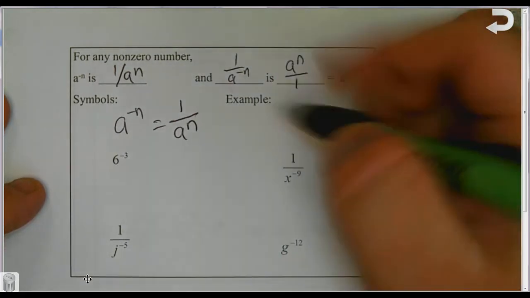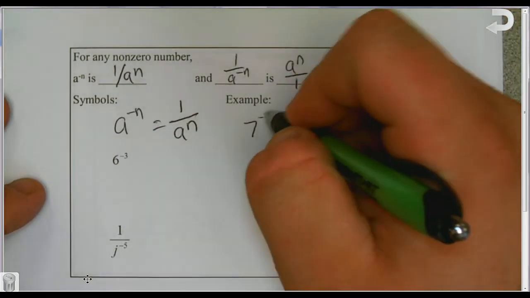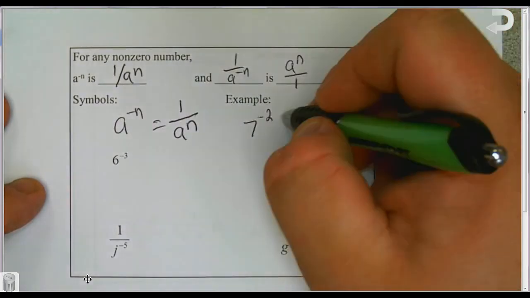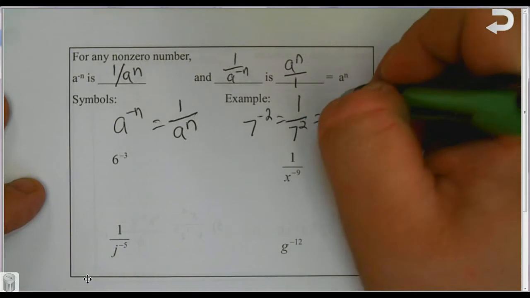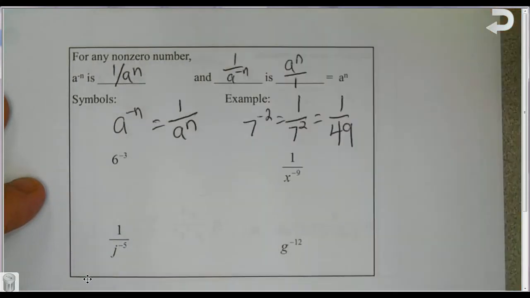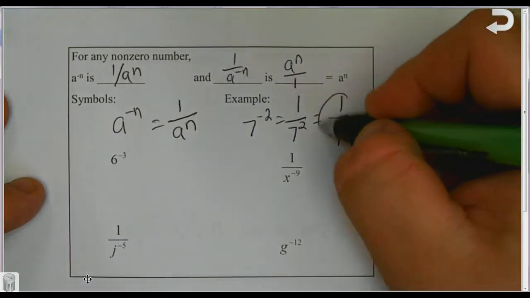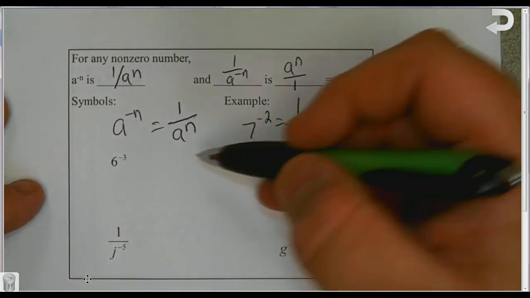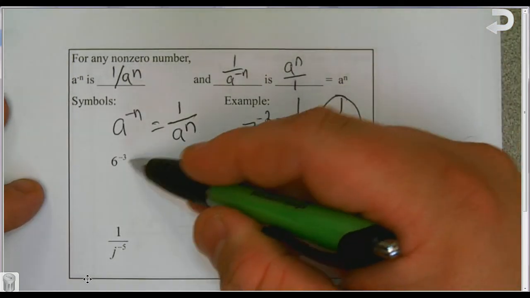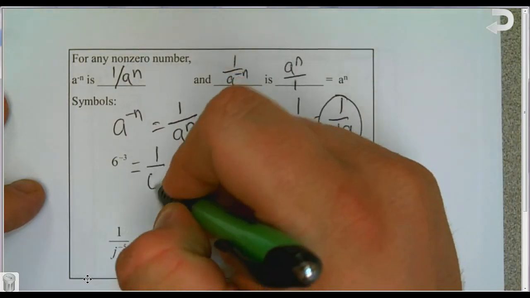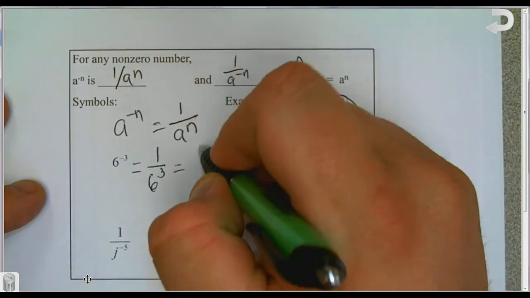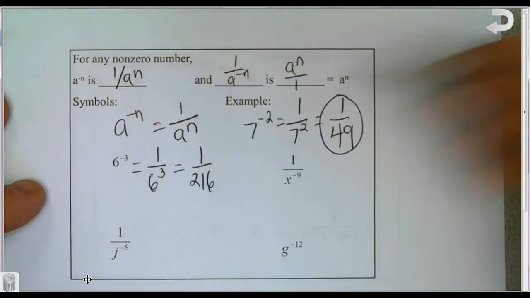So, for example, if I have 7 to the negative 2 power, that is equal to 1 over 7 squared, which is equal to 1 over 49. If I have 6 to the negative 3 power, that's equal to 1 over 6 cubed, which is equal to 1 over 216.